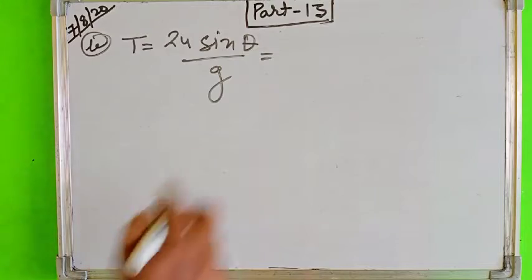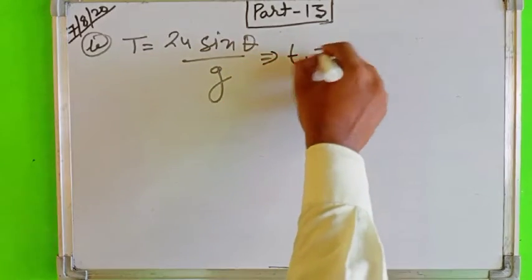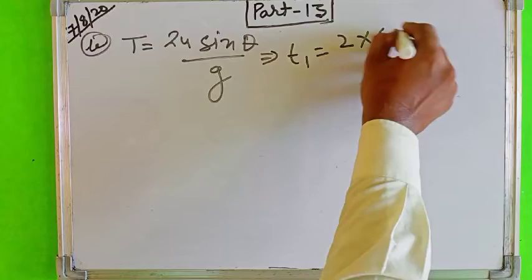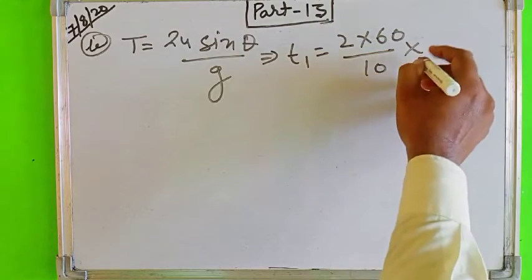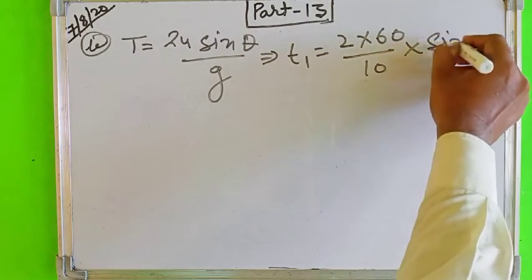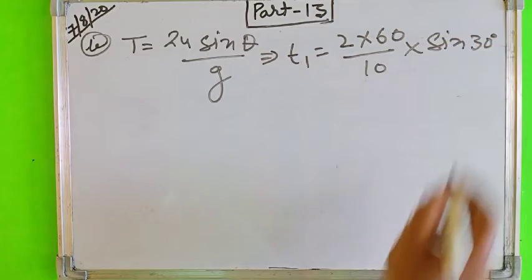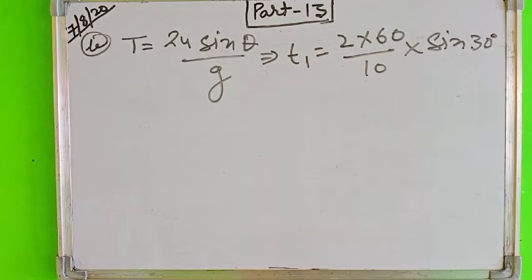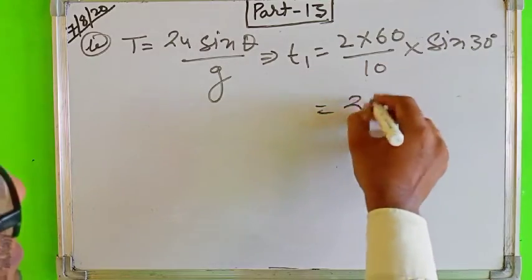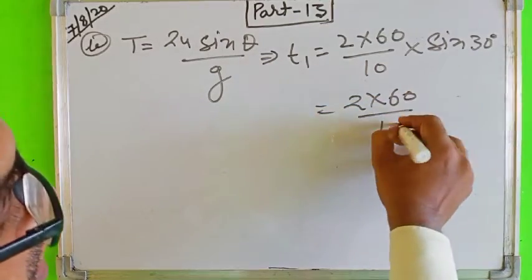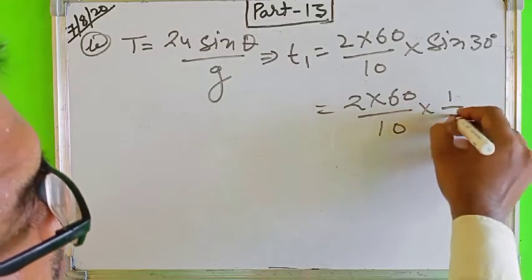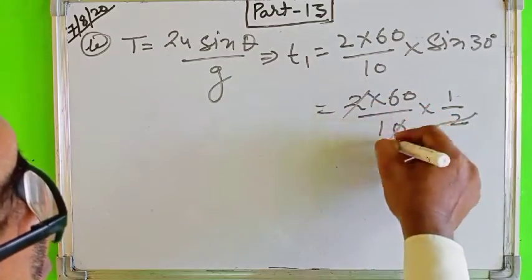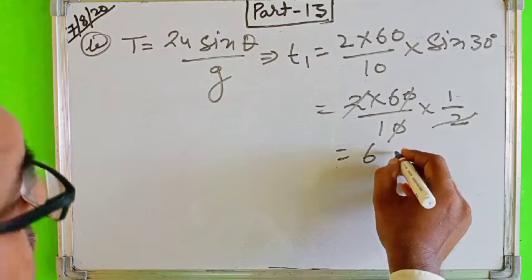From here T1 is equal to 2 into 60 upon 10 into sine 30 degree, which is 2 into 60 upon 10 into 1 by 2, equal to 6 seconds.